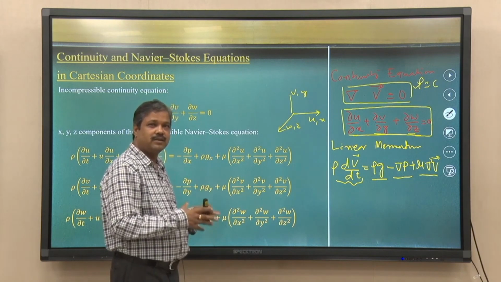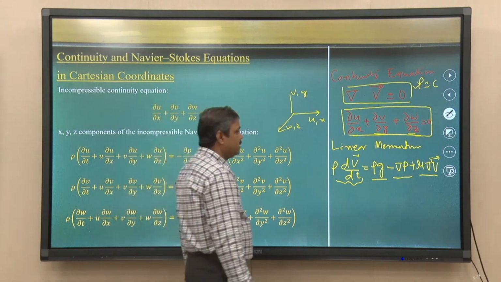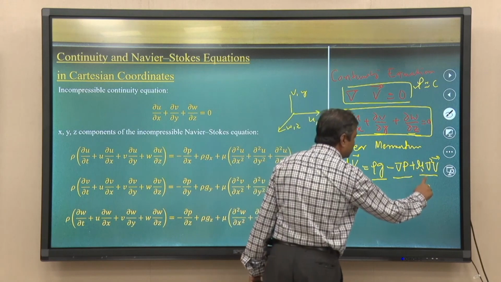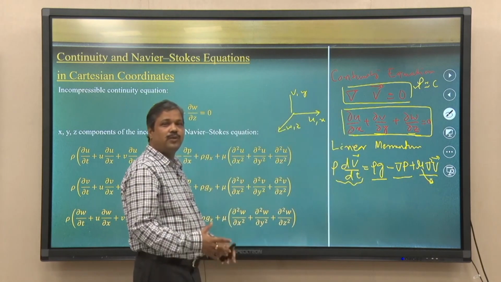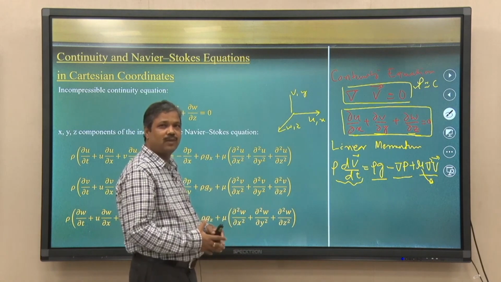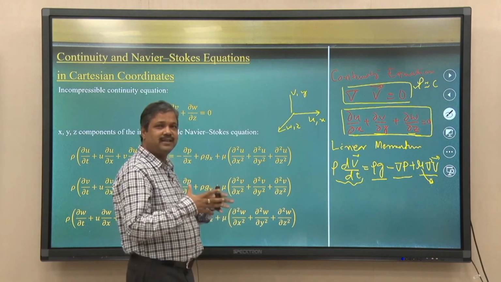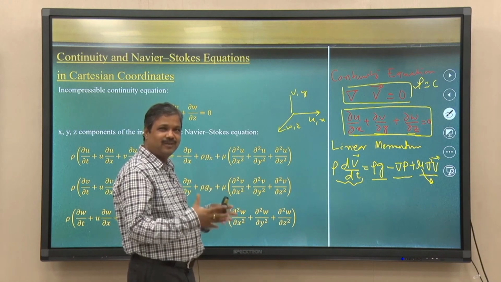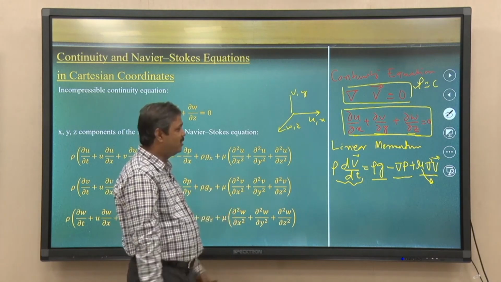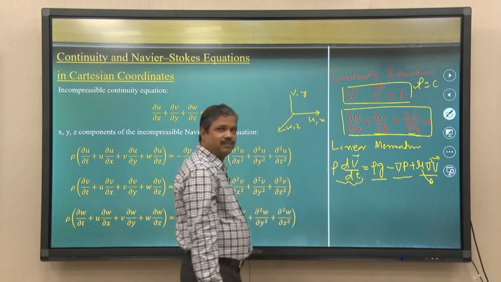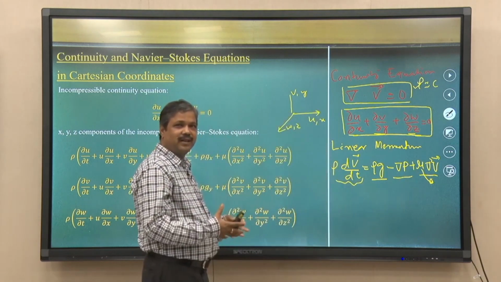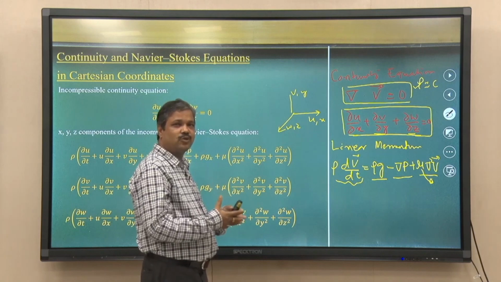Because of the viscous stress component, we have the dynamic viscosity, or coefficient of viscosity, which we assumed to be constant. That is the isothermal case. The temperature does not change drastically. That is the simplification we have made, that mu does not change with time, which happens for isothermal cases.